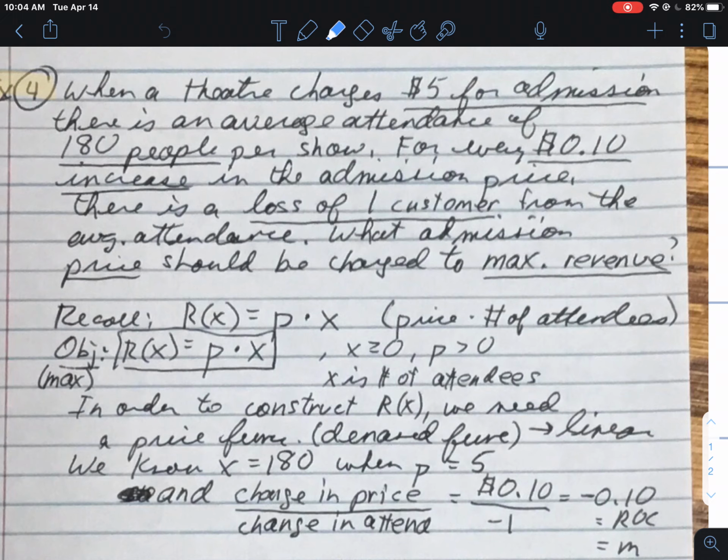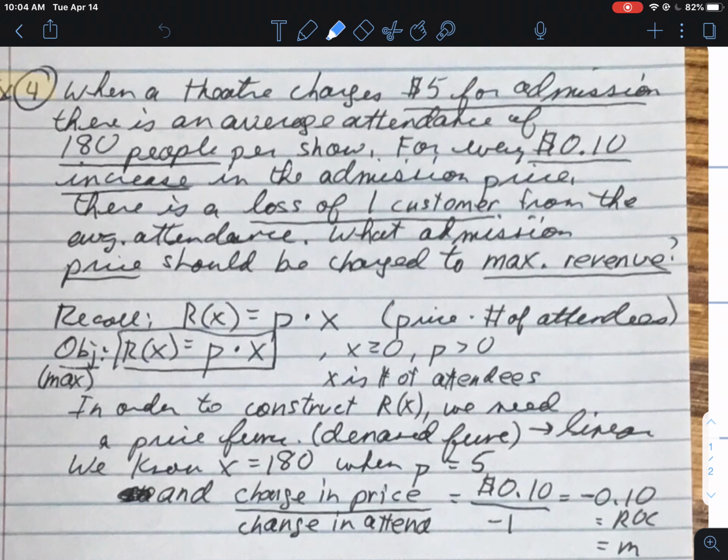Example number 4. Now, this one's going to be a little bit trickier, but I want to give you an example of another situation. You'll see one similar to this in your homework.